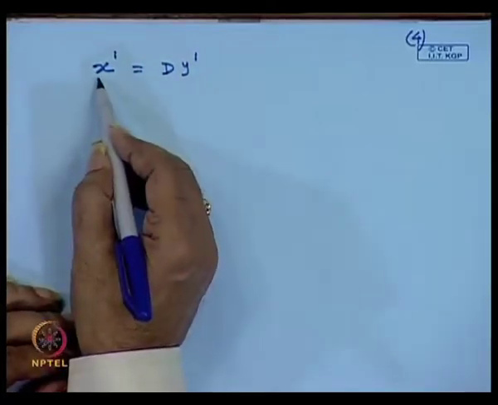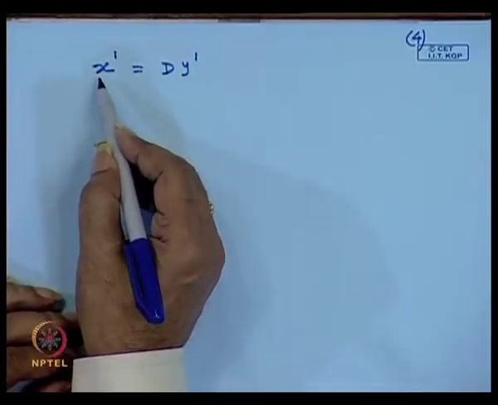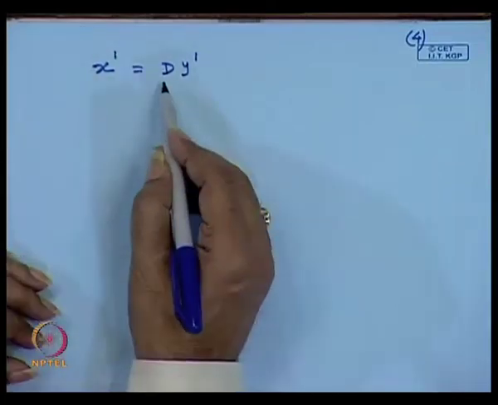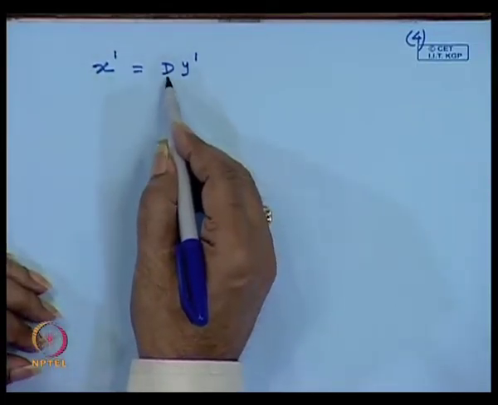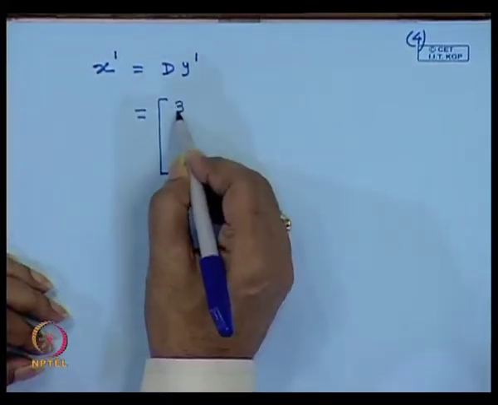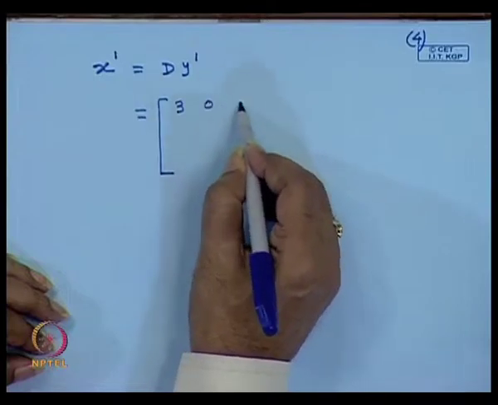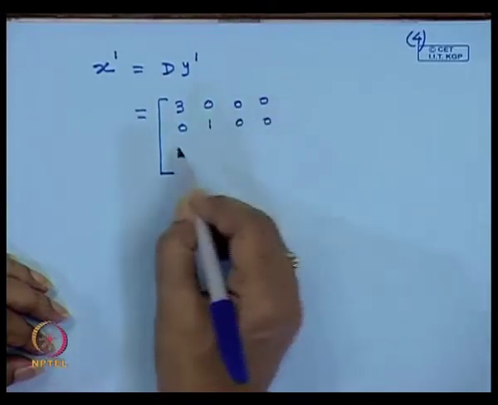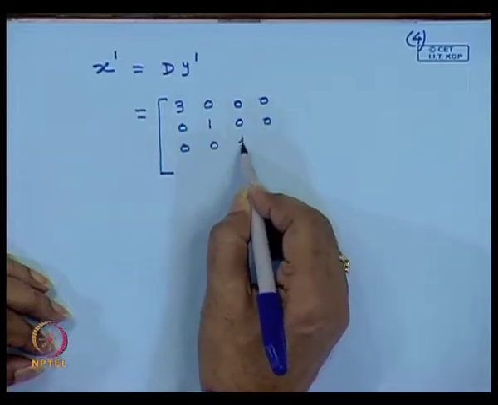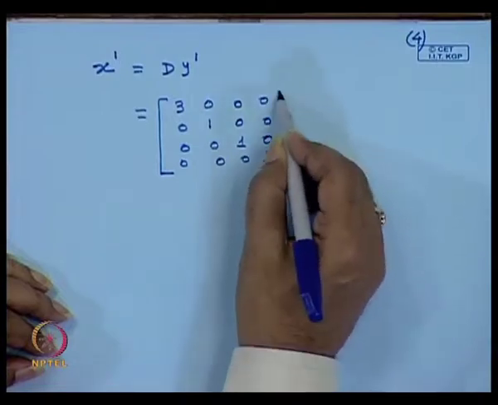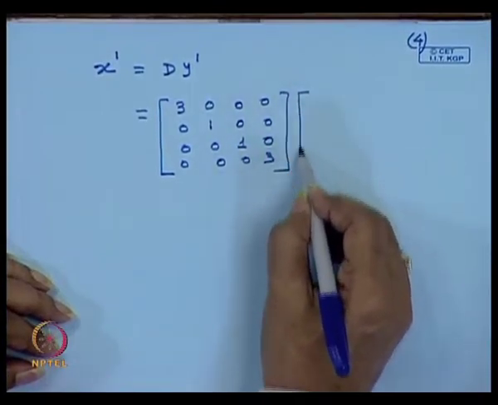So, this is the decision variable in the original problem, that means x 1, x 2, x 3, x 4. We can compute it once I know D, and our D is, if you recollect, this matrix: 0 0 0, 0 1 0 0, 0 0 1 0, then 0 0 0 3, and this y 1 you know already.